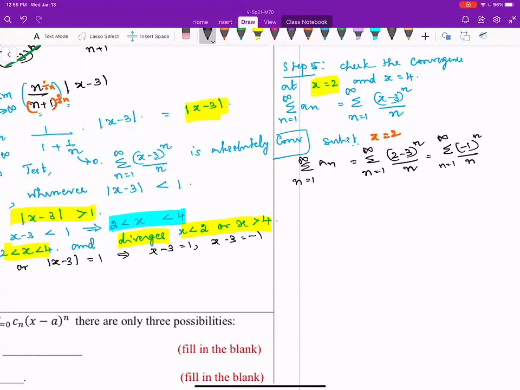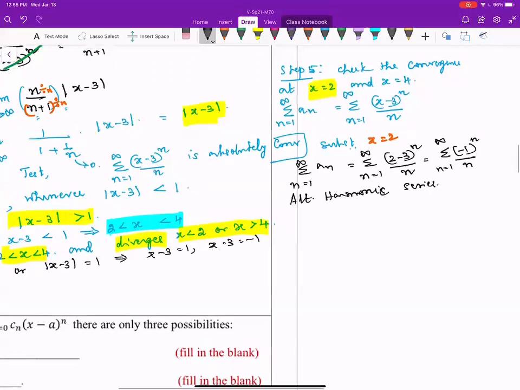So when we did conditional convergence, we referred to this example. This is an alternating harmonic series, which is convergent by alternating series test.